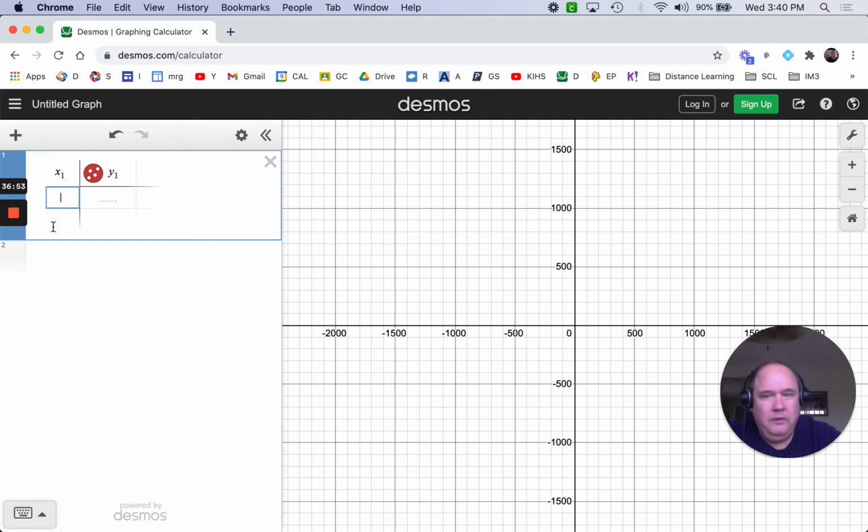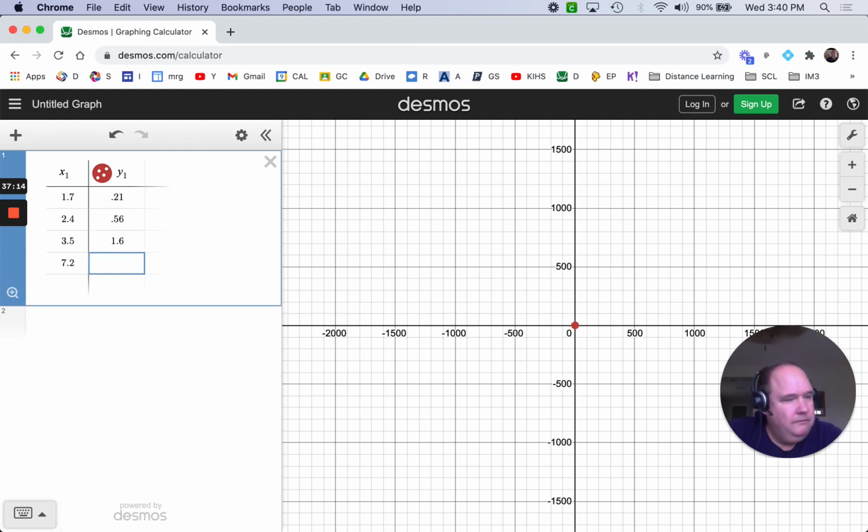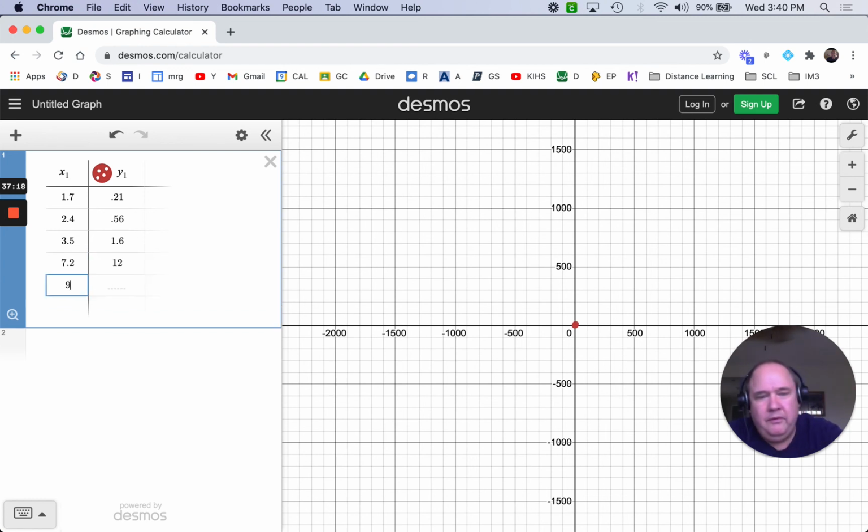For this one, we have 1.7, the wingspan, and the weight is 0.21. 2.4 is the wingspan, the weight is 0.56. 3.5 is the wingspan, and 1.6. 7.2, and 12, and 9.3, and 24.7.